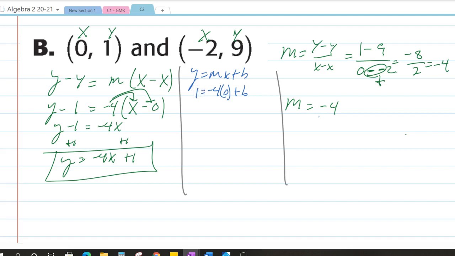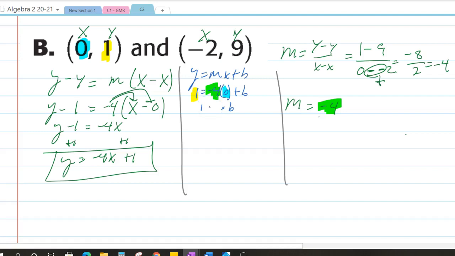Y is 1. So what I did is I plugged in 1 for the y, 0 for the x, and -4 for the m, in order to solve the missing term, which is our y-intercept, the b. That would give me -4 times 0 is 0, b is equal to 1.